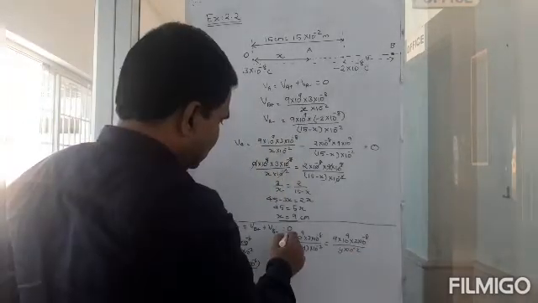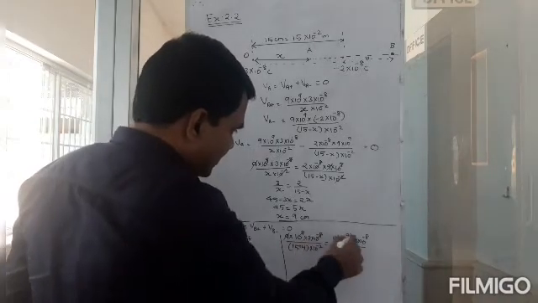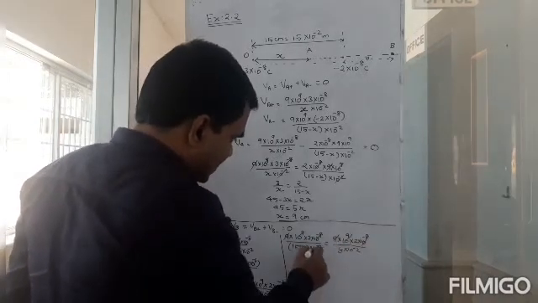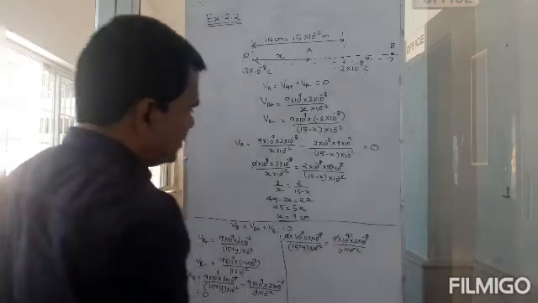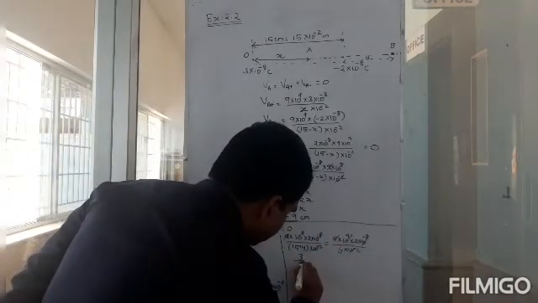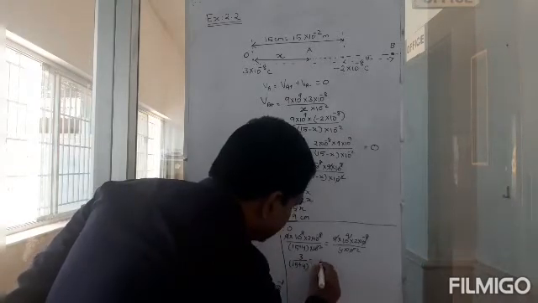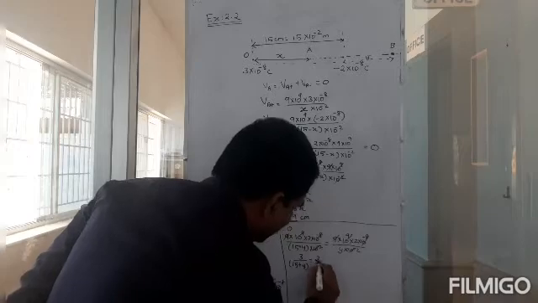So clearly 9 and 9 will cancel, 10 power 9 will cancel, 10 power minus 8 will cancel, 10 power minus 2 will cancel. So now I have another equation, 3 by 15 plus y equals 2 by y.